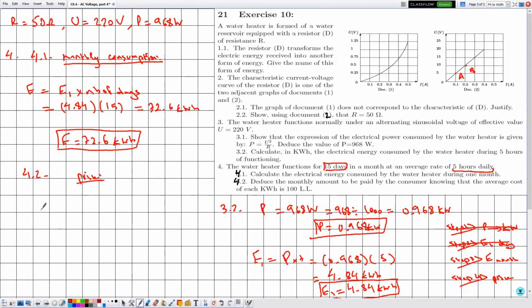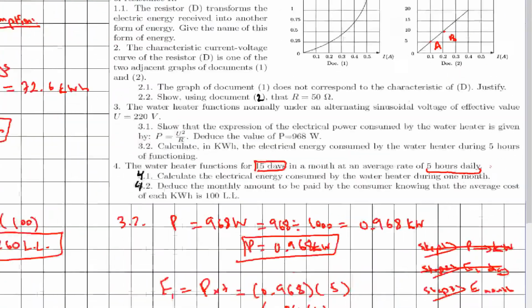So E multiplied by the cost is equal to 72.6 multiplied by 100, which is equal to 7,260 Lebanese liras. So this is the monthly amount to be paid by the consumer when using this water heater for 15 days and each day 5 hours.